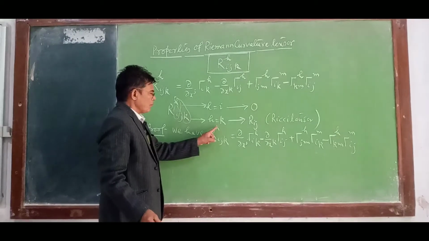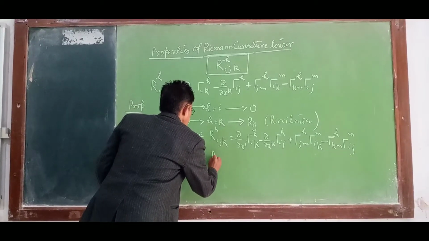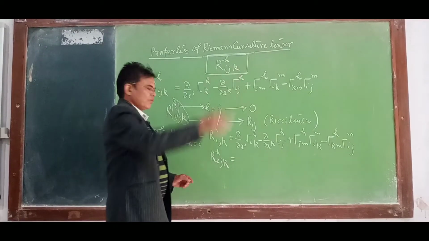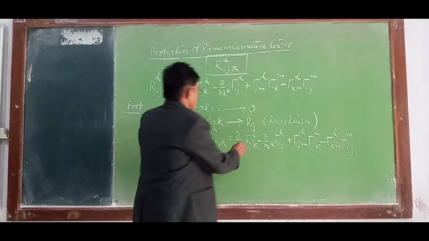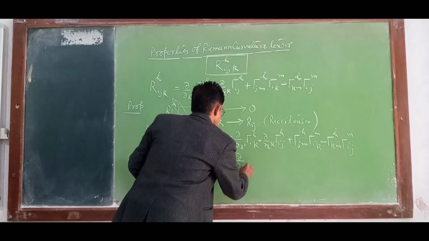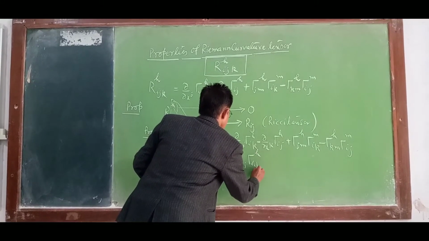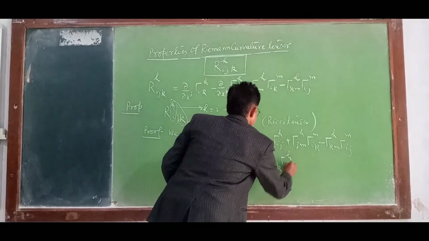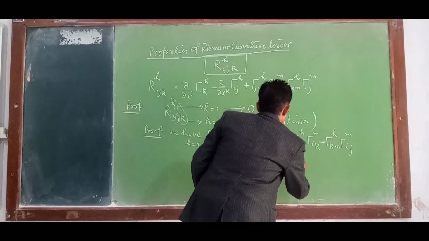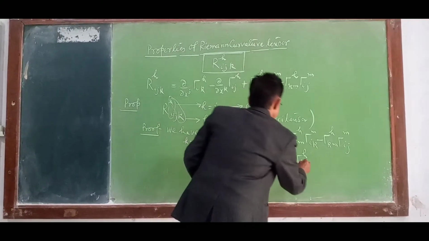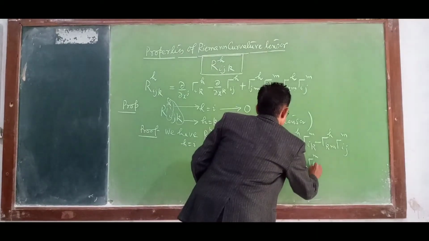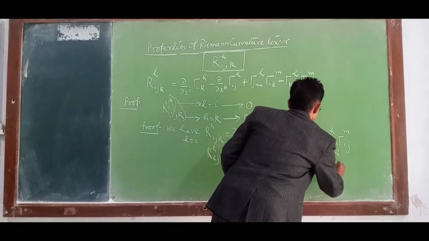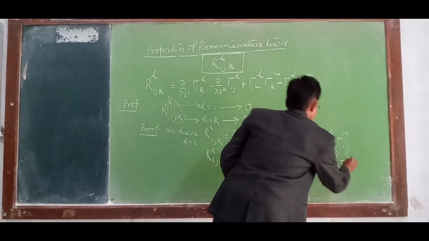So if we put h equal to i, then ∂/∂x^j of Γ^h_{hk} minus ∂/∂x^k of Γ^h_{hj} plus the remaining terms.